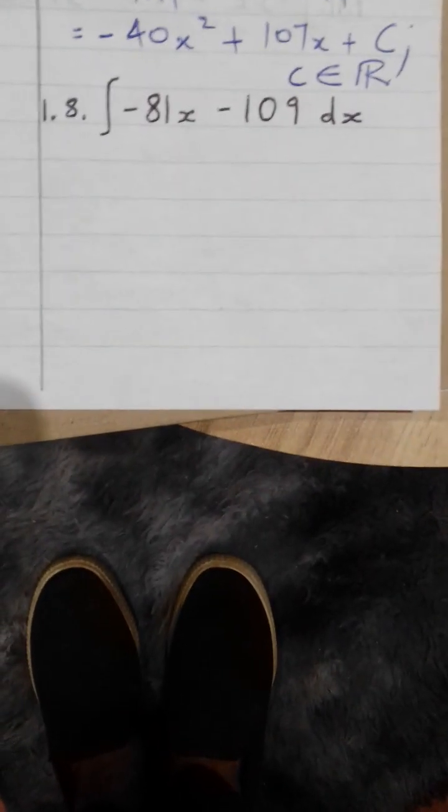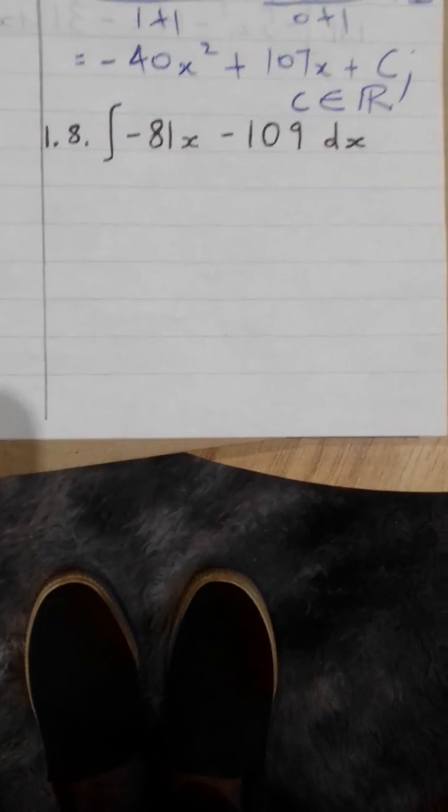1.8, the integral of negative 81x minus 109 with respect to x. This is going to be the integral of negative 81x to the power of 1 minus 109x to the power of 0 plus 0 dx.